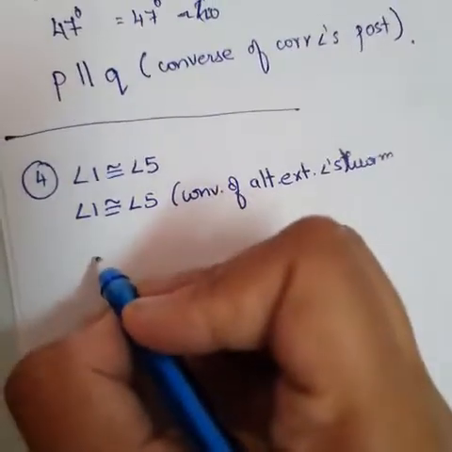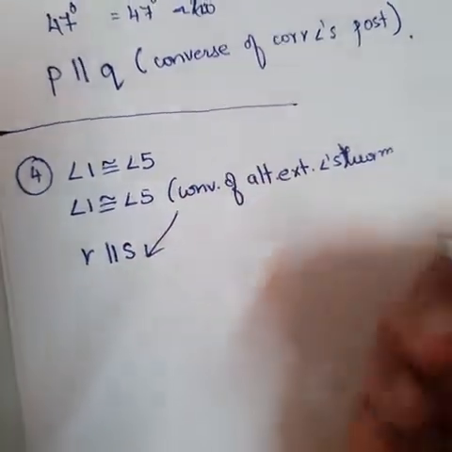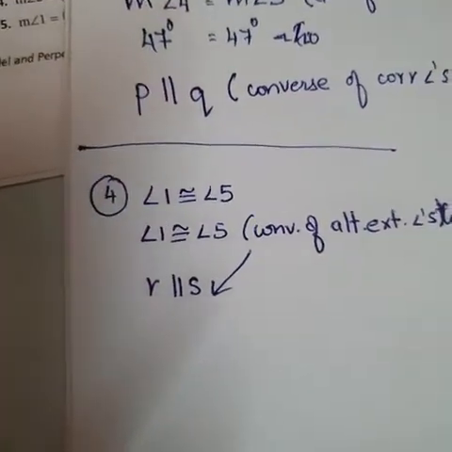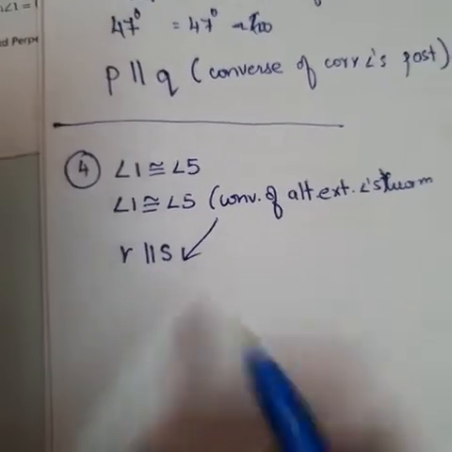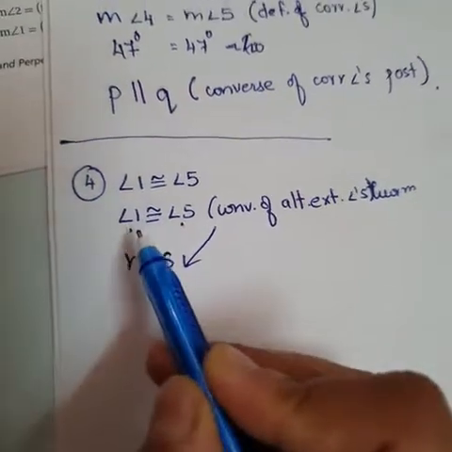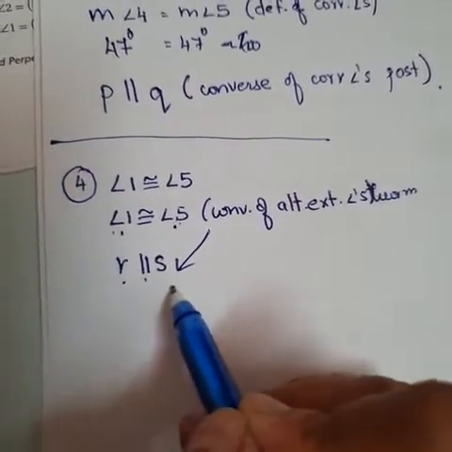So R is parallel to S. In fact, you have to write that reason here. Okay, so by the converse of the alternate exterior theorem, R is parallel to S, because angle 1 and angle 5 are alternate exterior angles, so R is parallel to S.